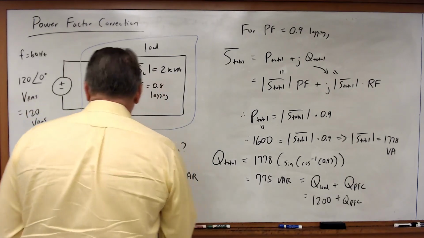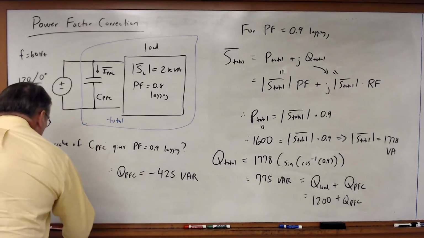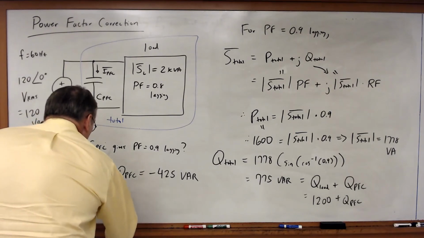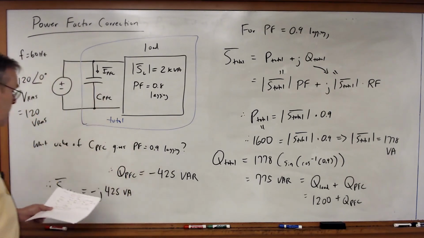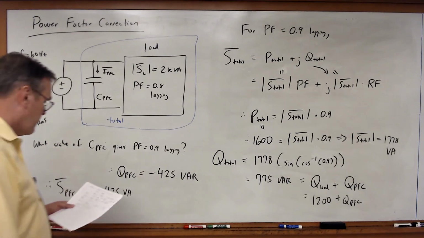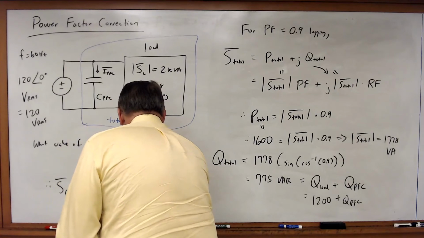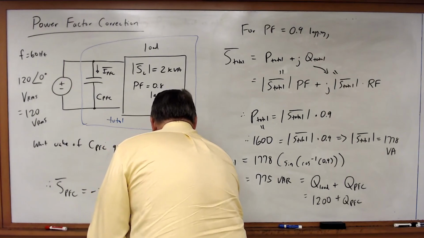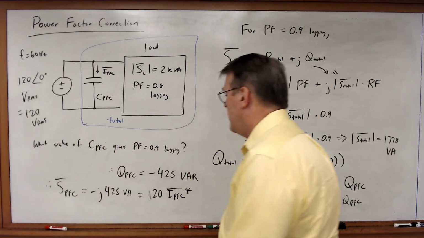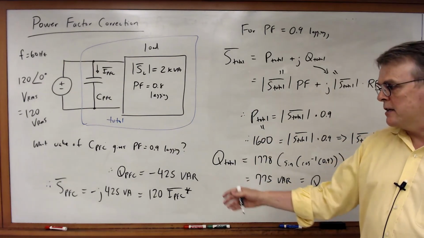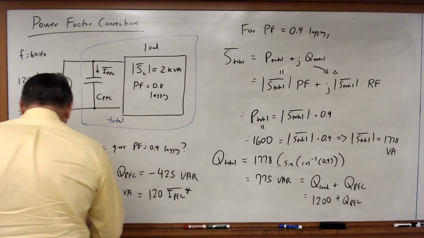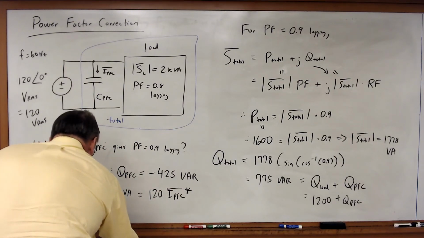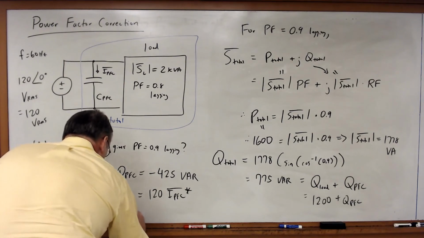So in this case, what this tells us is that the complex power of our capacitor must be equal to minus j 425 VA. And once again, this must be equal to 120 times IPFC complex conjugate. I can go through and calculate just as I did before, and what we get is that IPFC will therefore be equal to j 3.541 amps RMS.